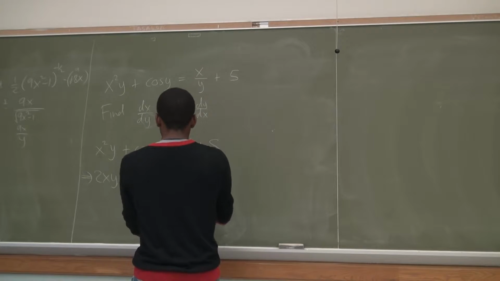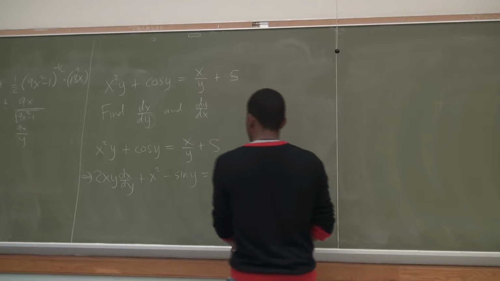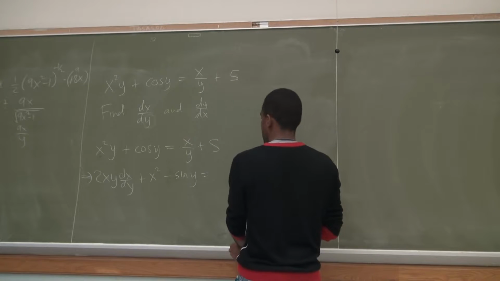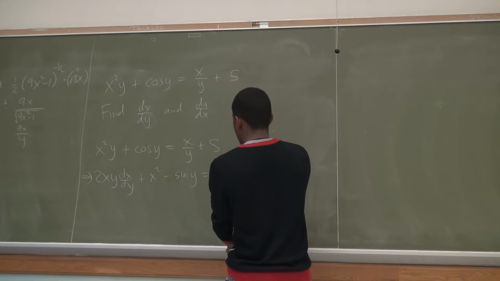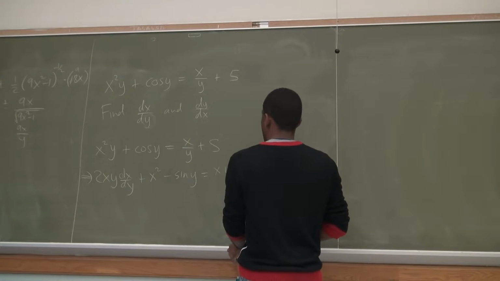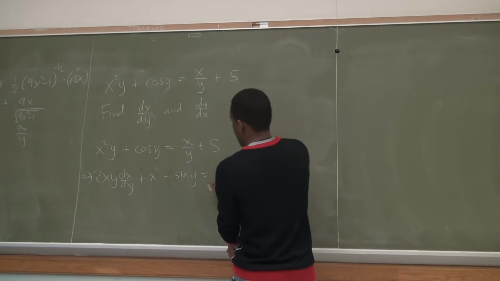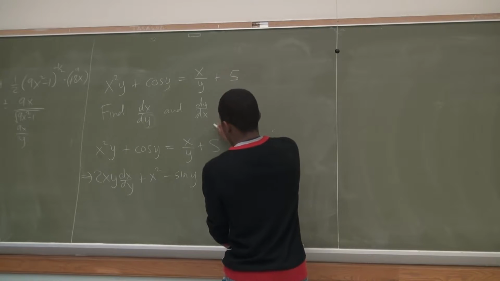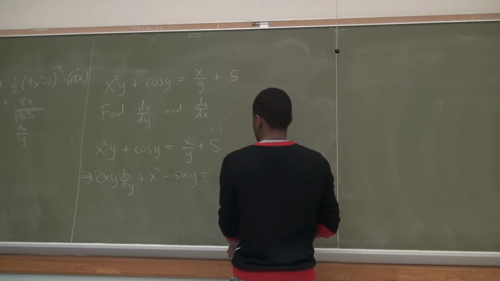minus sine y equals, what's this one? y to the negative 1 dx/dy. You move it up. Okay, so you think of this as x y to the minus 1, sure? So just y to the negative 1 dx/dy. We just want the derivative of x, so this is just 1.